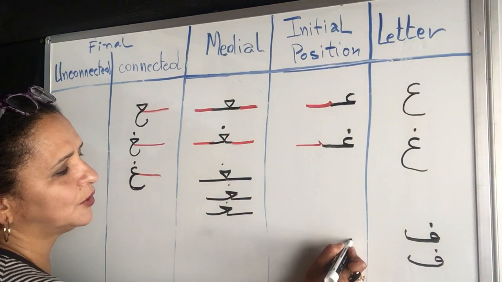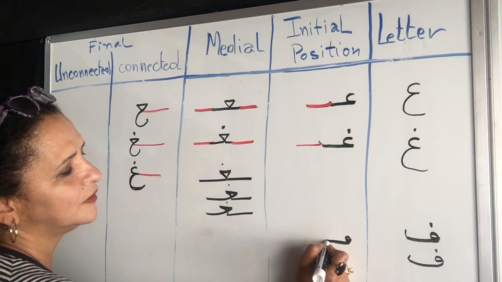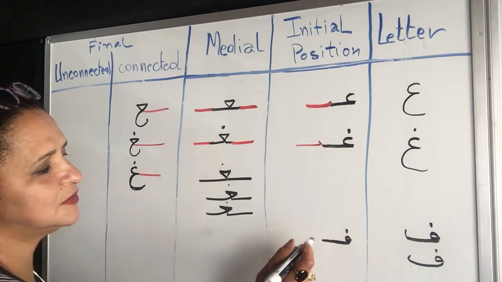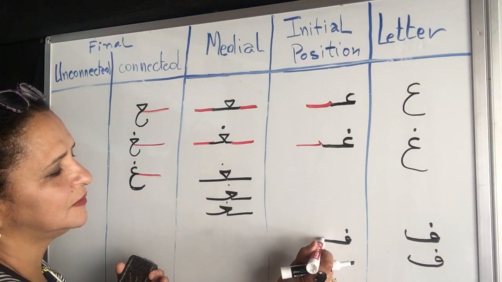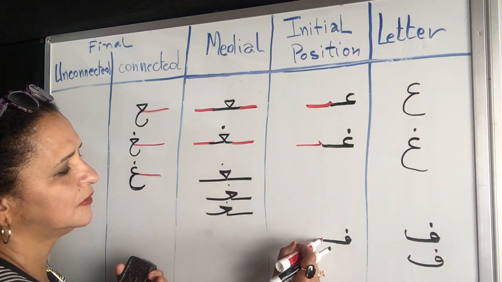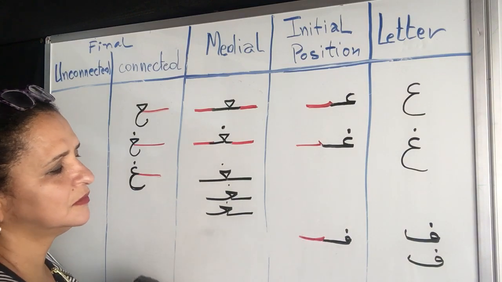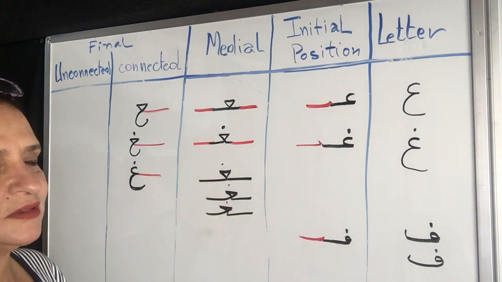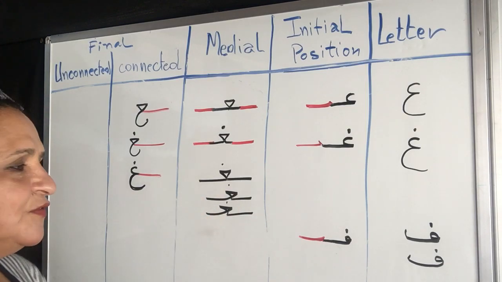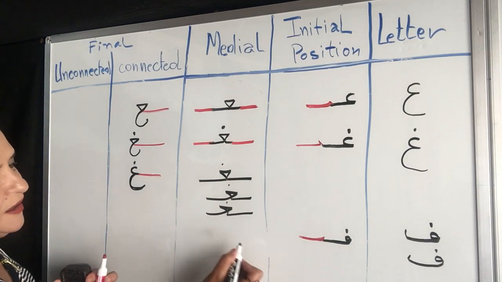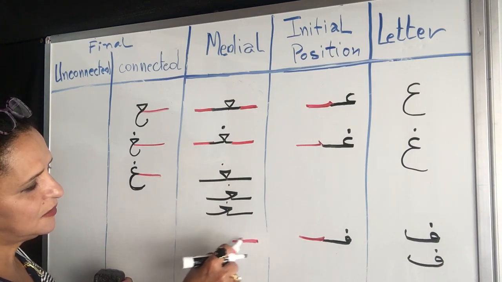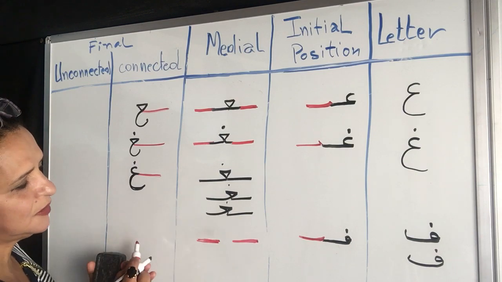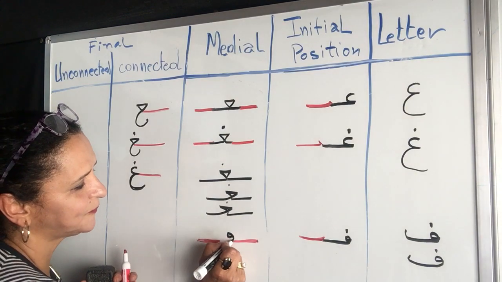At the beginning of a word, you go straight on the line. You don't curve it like that. And there is another harf after, like far, fas, Fabian. Now I have fa in the middle. It's going to be like this.